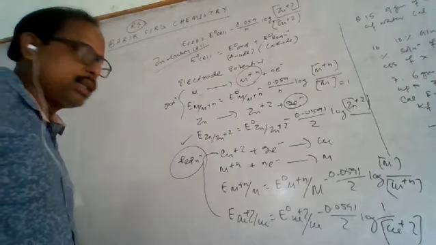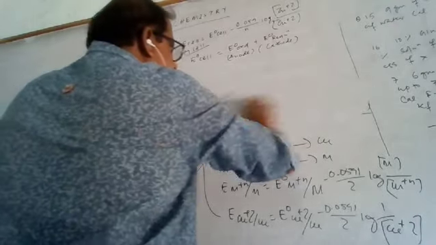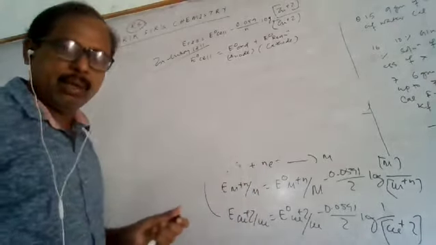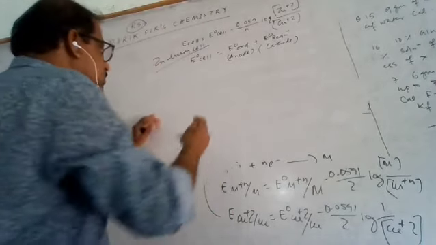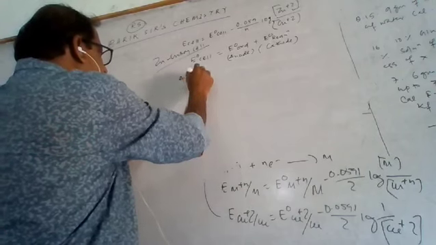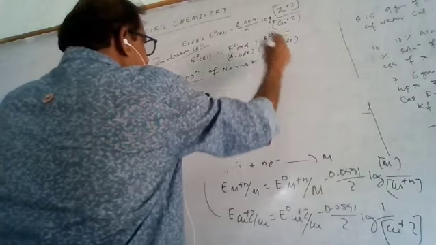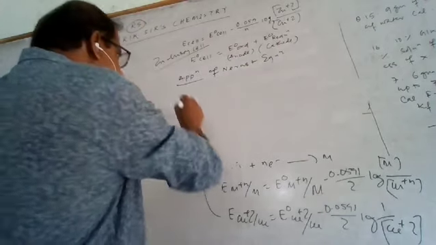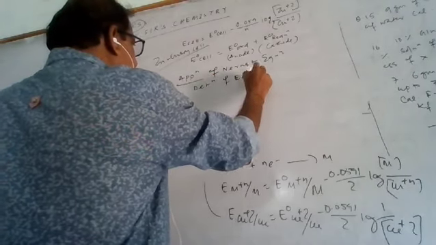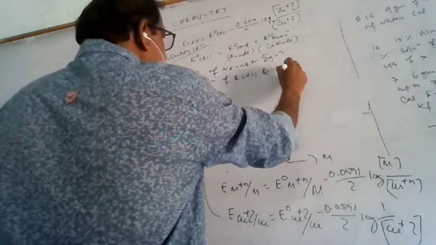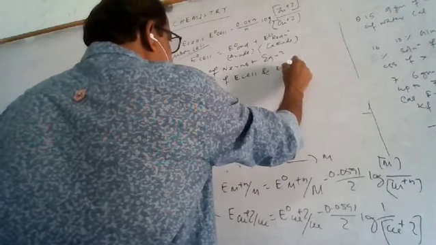Now we will see the different applications of the Nernst equation. First is the determination of E cell and the electrode potential, the oxidation potential or reduction potential.